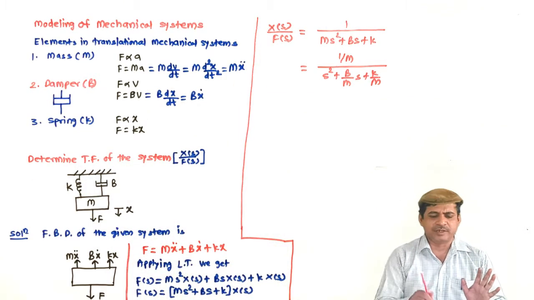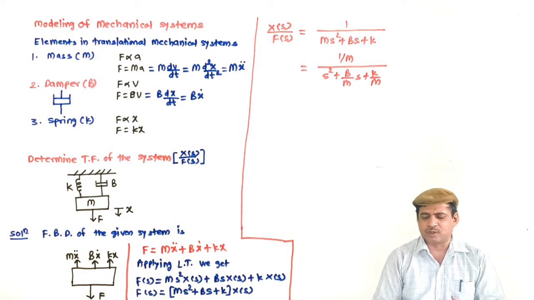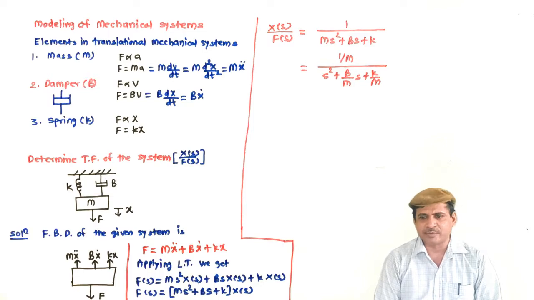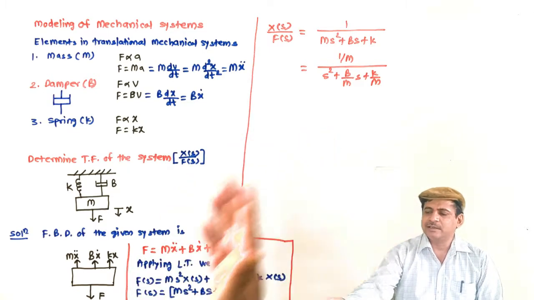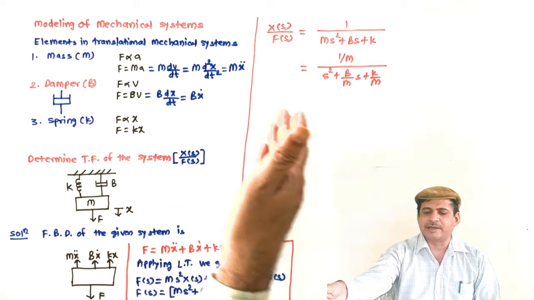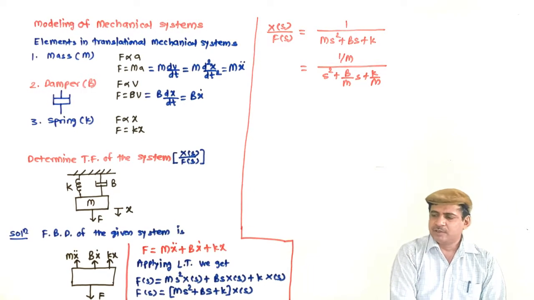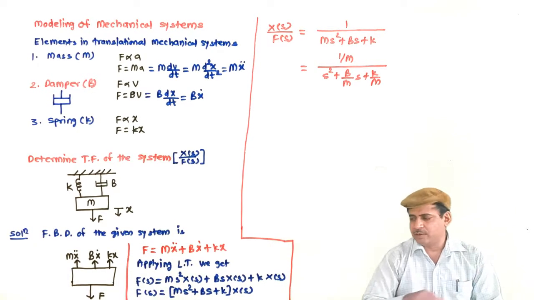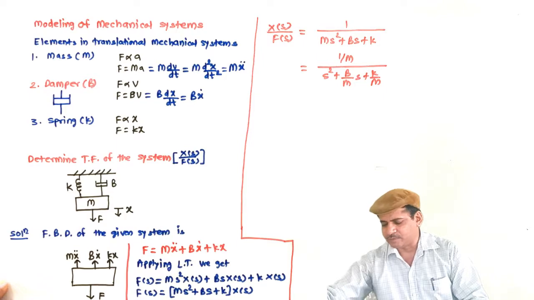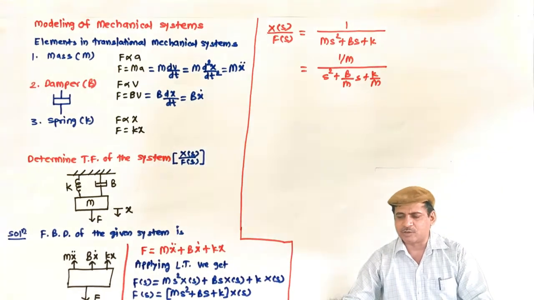It is as simple. What are the steps? First we have to draw the FBD for the given system, then write down the differential equation for the body by force balance equation, and then apply Laplace transform and get the transfer function. What I will do, I will consider another example. Now I will increase the complexity.